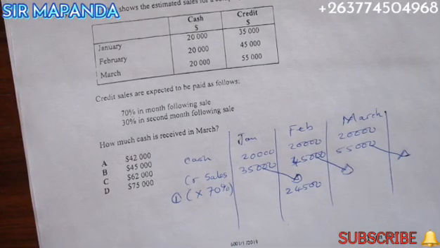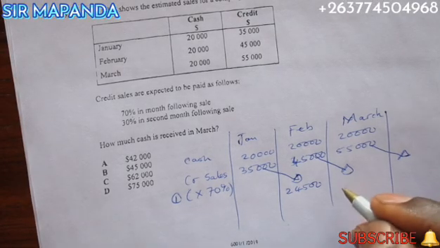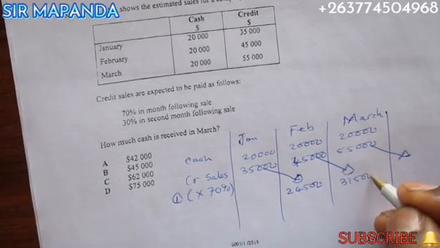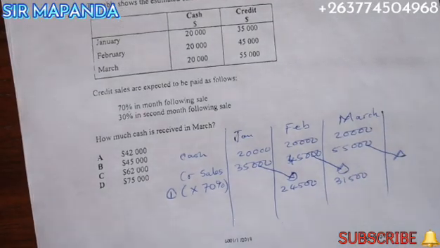Then 45,000 times 70%, what do you get? You get 31.5, a payment to be received in March. Then 55,000, since it is outside the given period of March, we can simply ignore it.